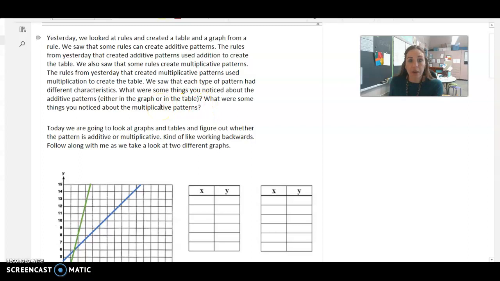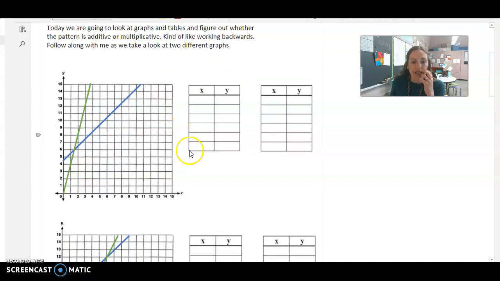Remember, the additive patterns came from the rules that had addition in them, and the multiplicative patterns came from the rules that had multiplication in them. I want you to be thinking about those different things or observations from yesterday because they're going to help us today.